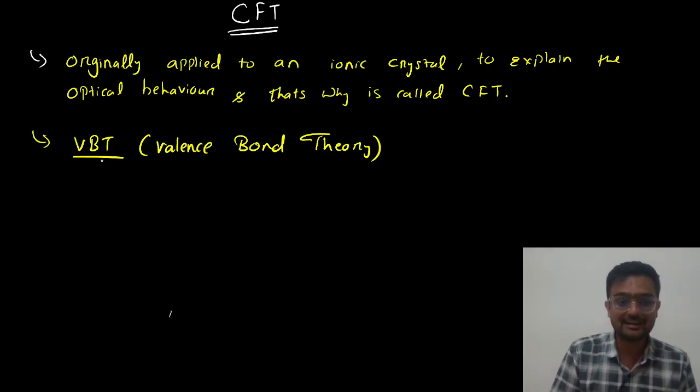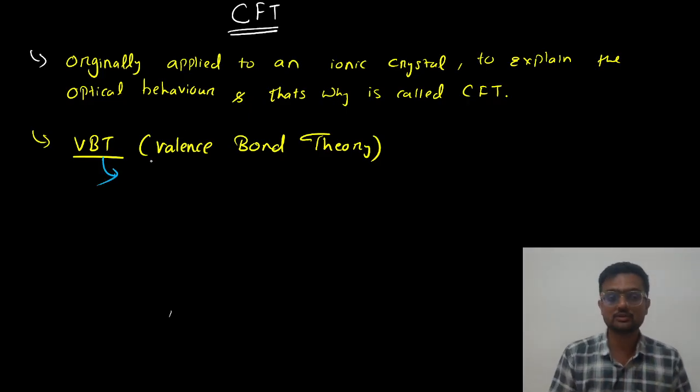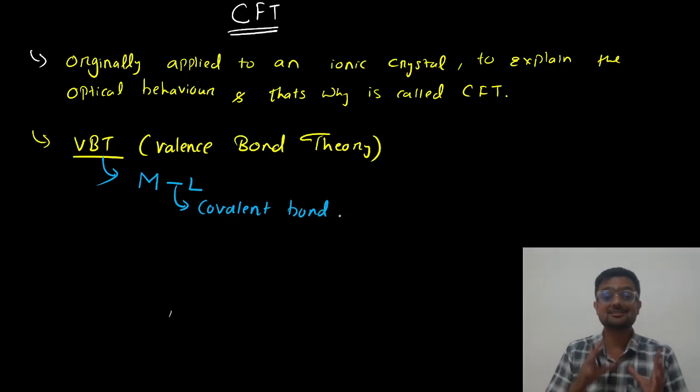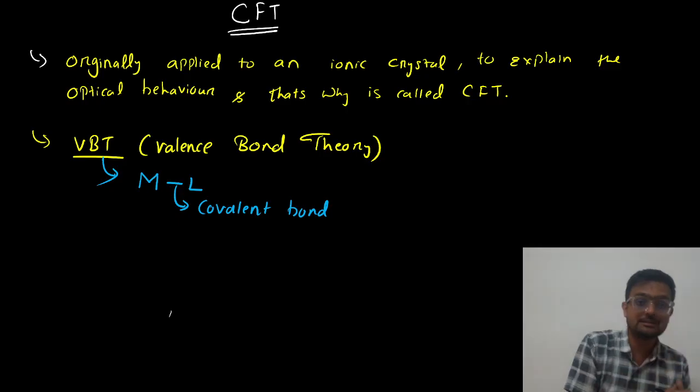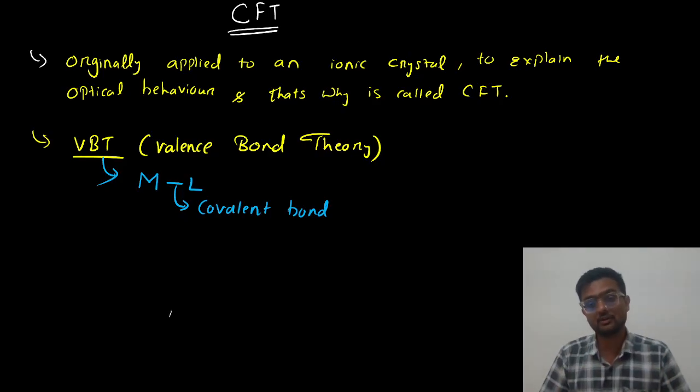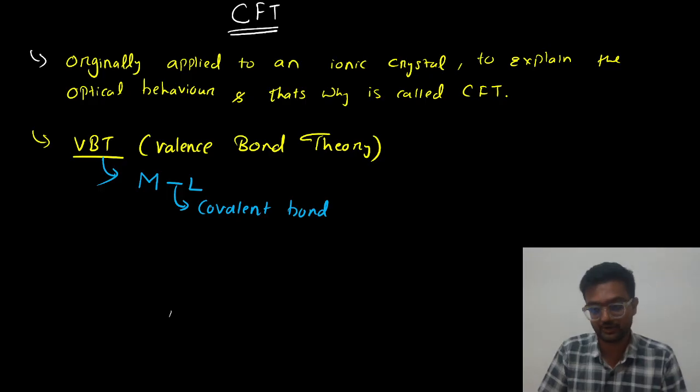In valence bond theory, we consider that the bond between the metal and the ligand is a covalent bond, formed by sharing the electron pair by the metals and the ligands. They used to share the electrons. There will be overlapping of the orbitals, and due to the overlapping of orbitals, there will be the formation of bonds, right?